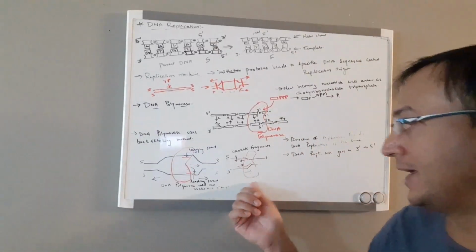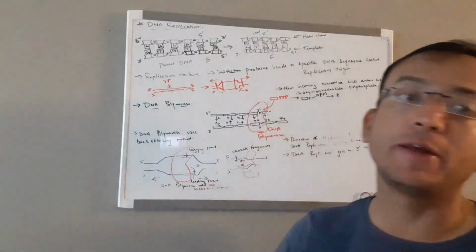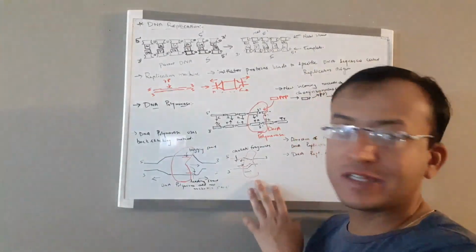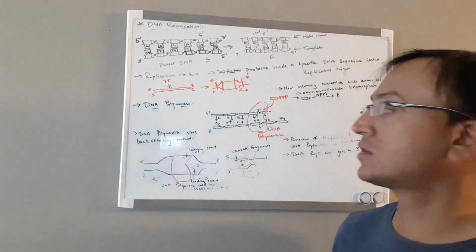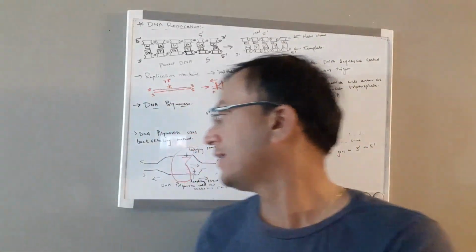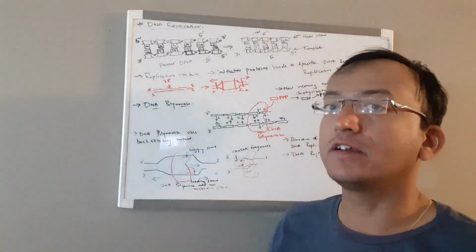And the advantage of why the DNA polymerase does this: why does it go in this direction? Because DNA polymerase needs to proofread the nucleotides that are attaching to the new strand.